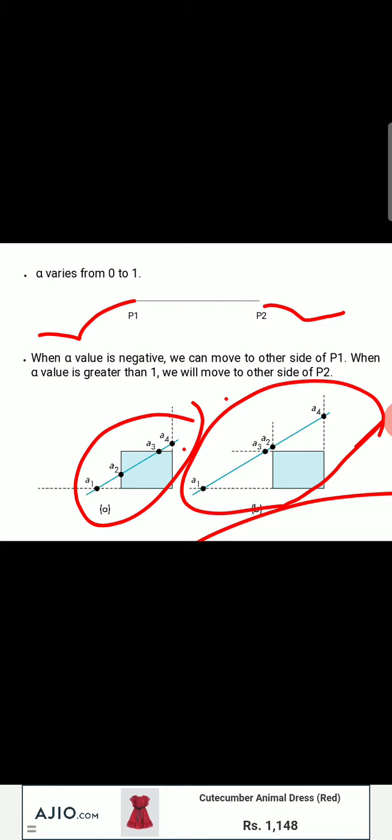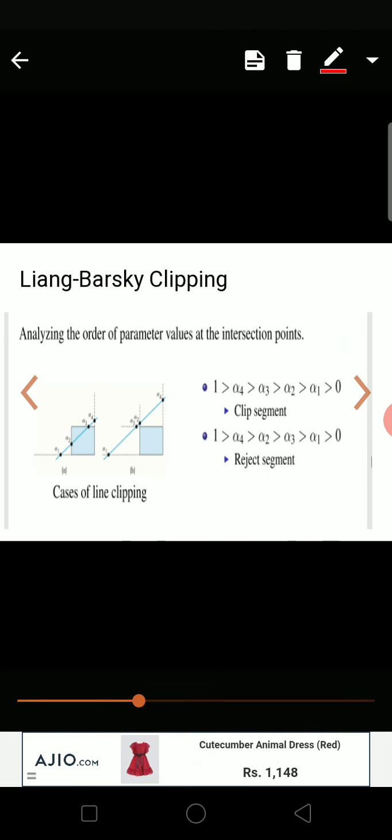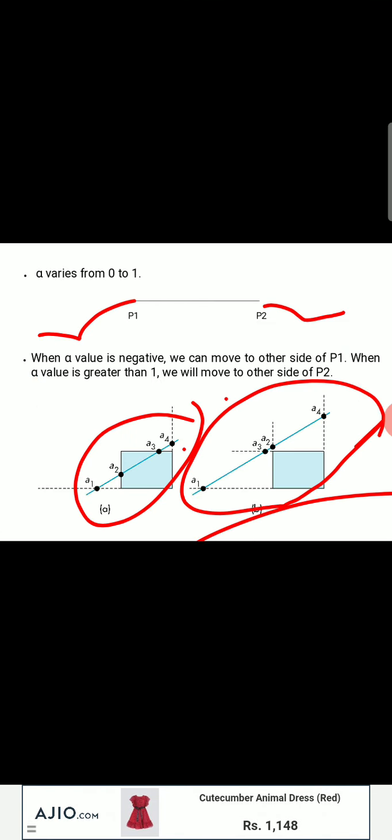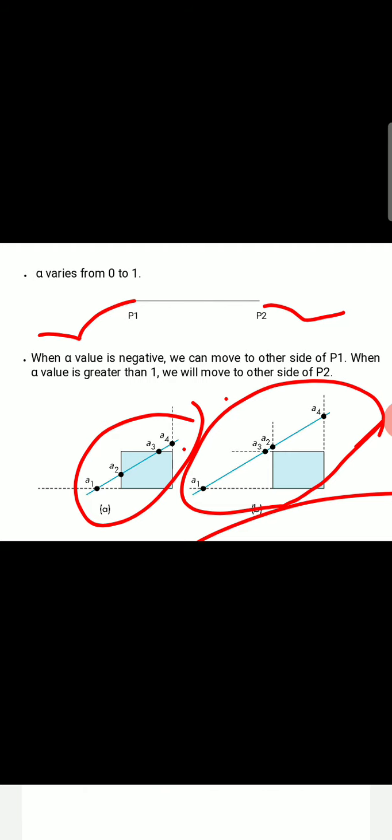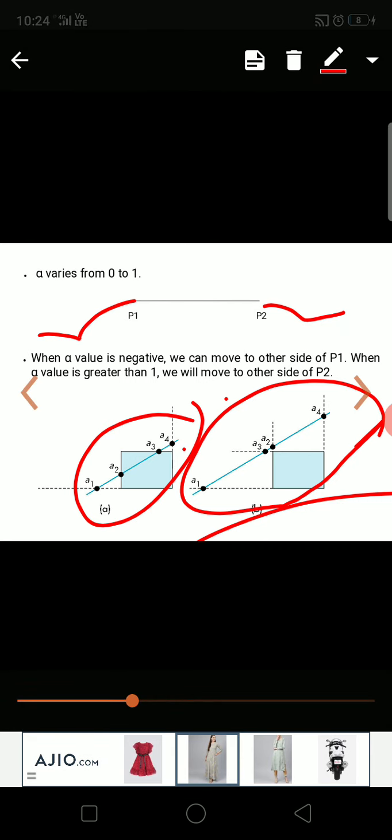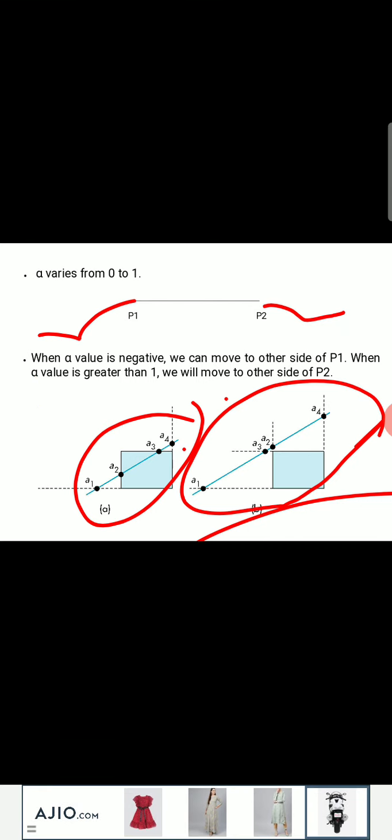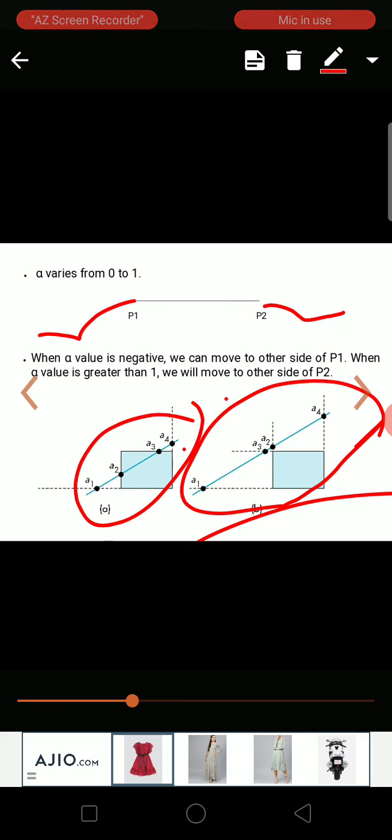Whenever the alpha value is negative, we move to the other side of P1, and when alpha is greater than 1, we move to the other side of P2. Looking at the figure, you can see that we can obtain 4 alpha values for finding whether the line is lying inside or outside a given window.